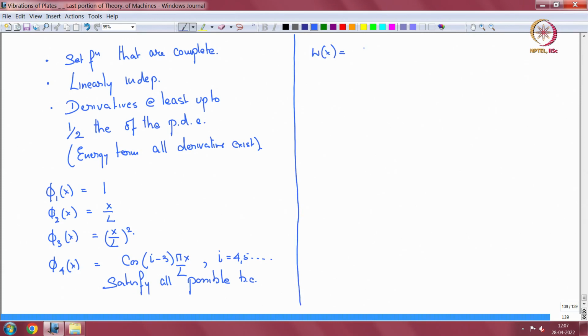It looks like A1 plus A2 x by L plus A3 x by L whole squared and some i from 4 to some n, let us say, A i cos (i minus 3) pi x by L.